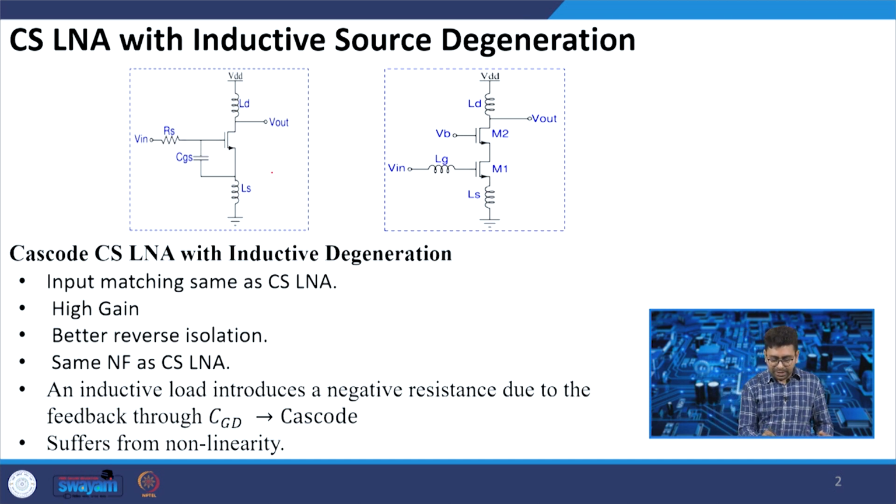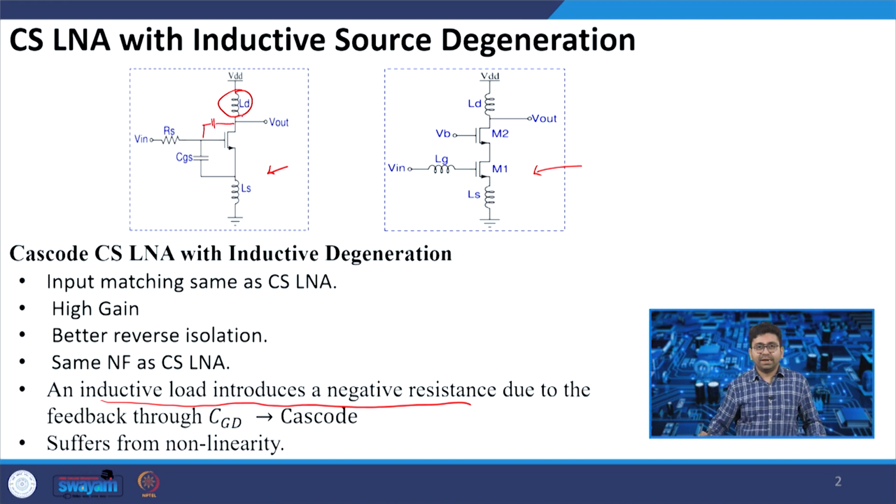So this is without using a cascode and this is with using a cascode. As discussed in the last class, an inductive load introduces a negative resistance, because of this inductor and the CGD capacitor, and that will make our amplifier unstable.